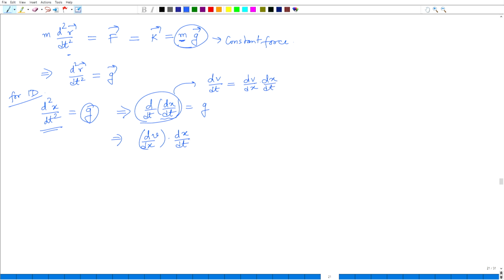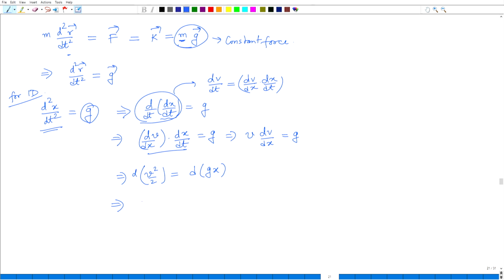And that is why finally you will have this expression, and g is a constant. Now, dx/dt is v. So, I have dv/dx times v is equal to g, and if you just integrate, you will see that d of v square by 2 will be equal to d of gx.